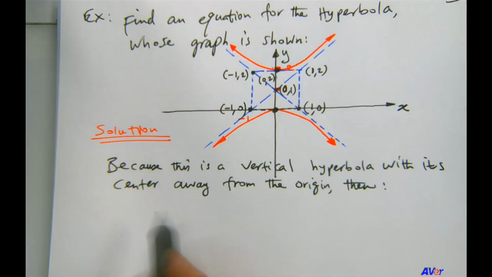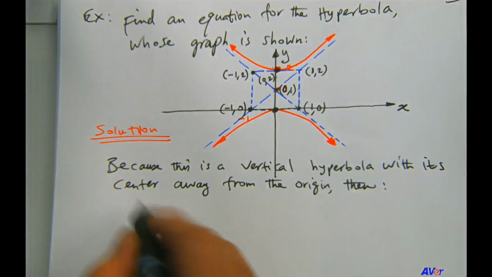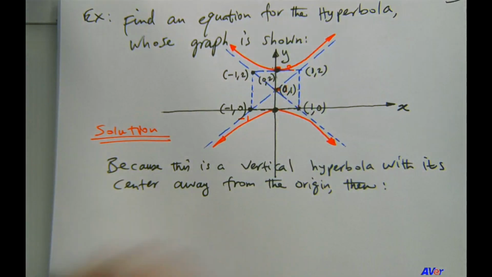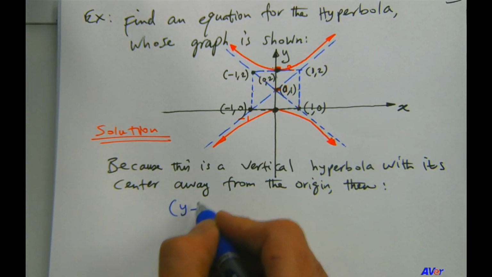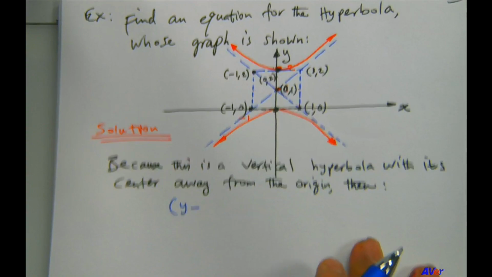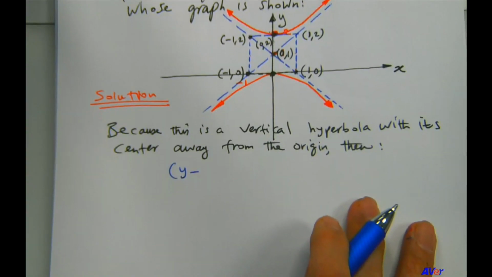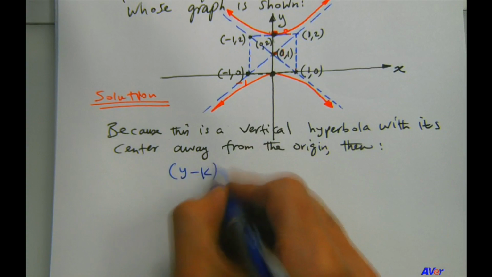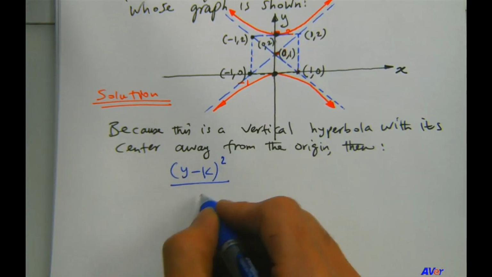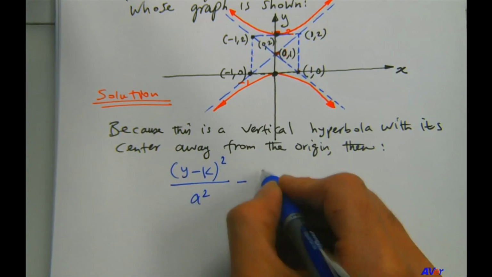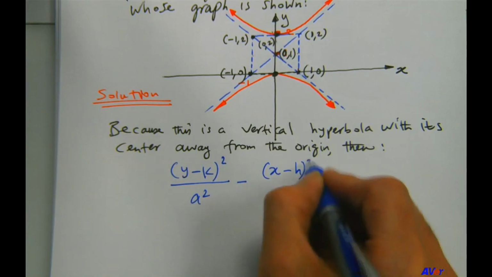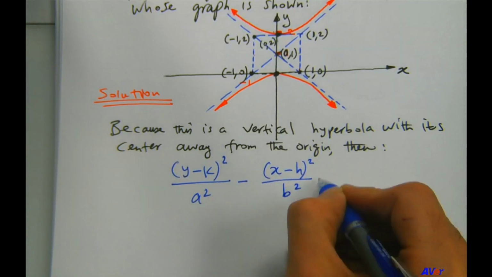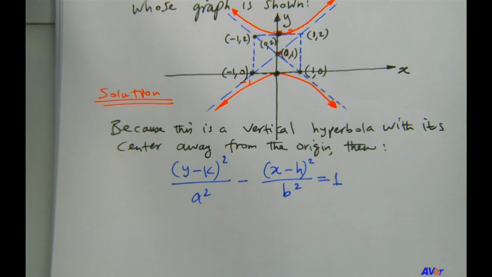So we have y minus k. Let me write that down: y minus k squared over a squared minus x minus h squared over b squared equals 1.